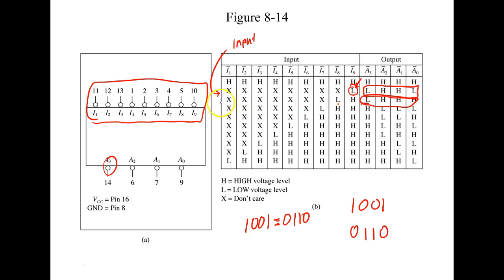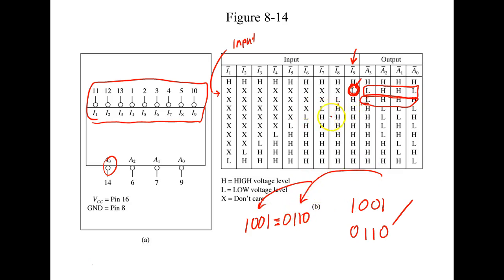Yeah, so here's a 9, but it's a low active input. So input 9 is true. And this output is this, which is equal to a what? A 9.